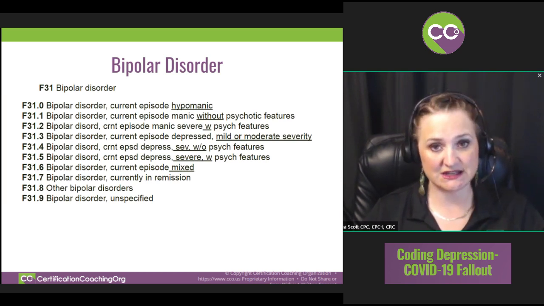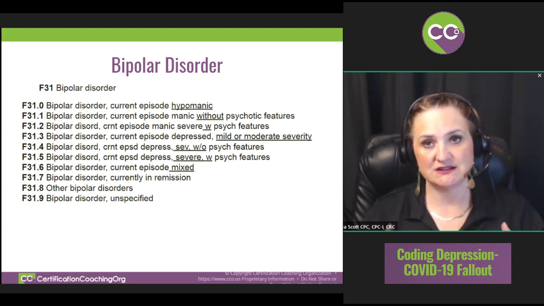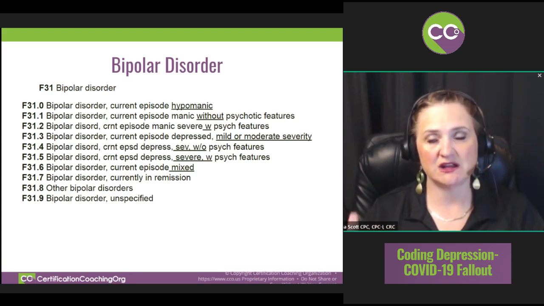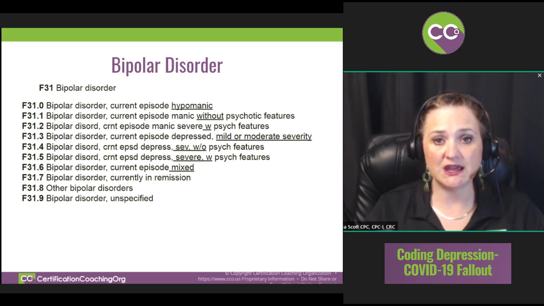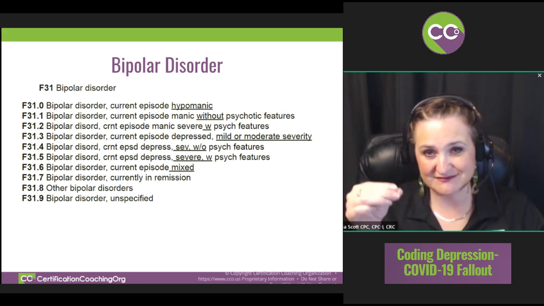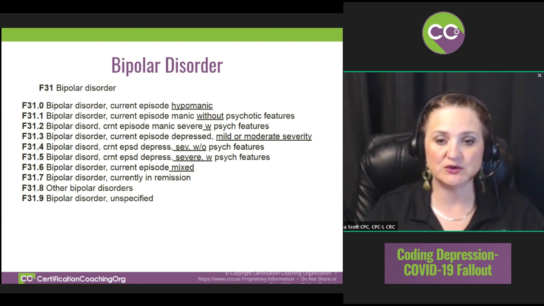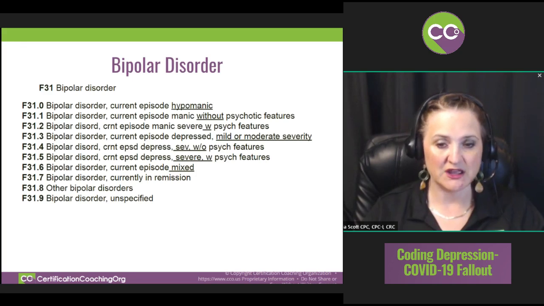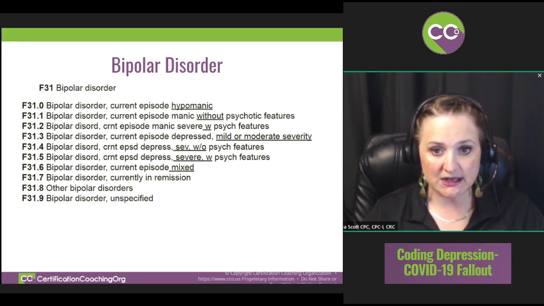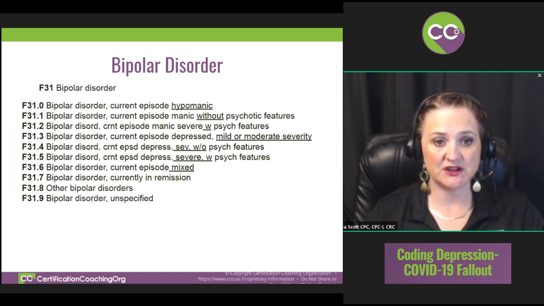Now, if we're talking diabetes, we've got E11.5, which has to do with the heart, and so again, we can almost read that code's full description, even if it's a longer code, and trust that with these codes. So again, we have with psychotic features and it's severe.